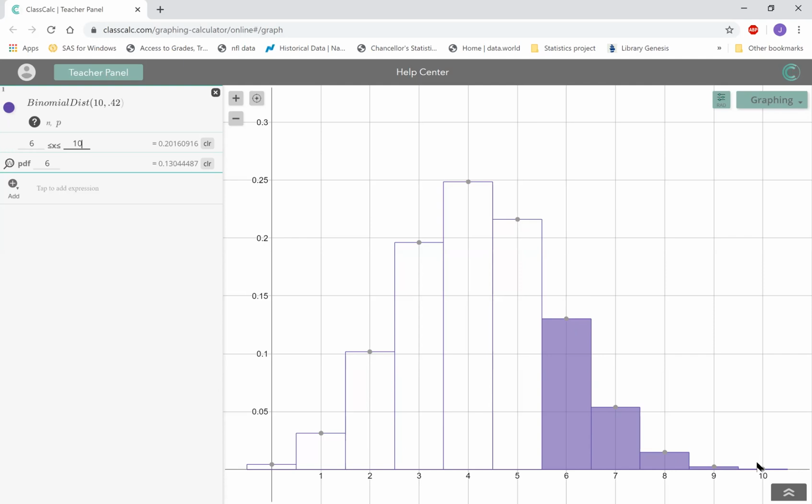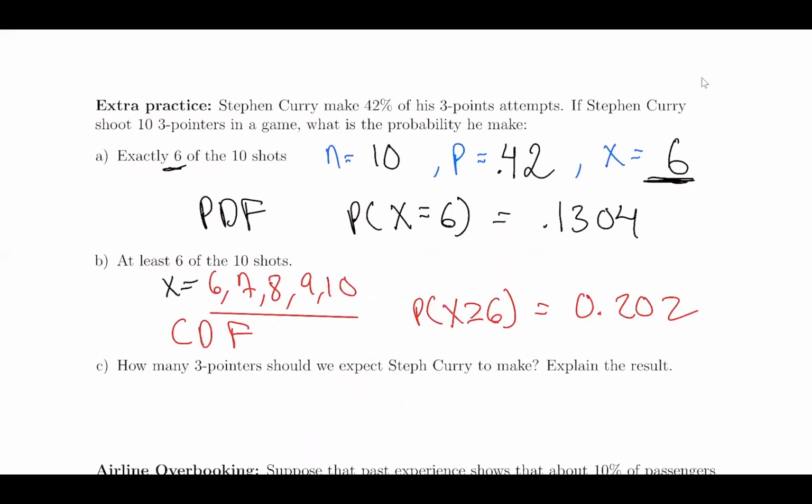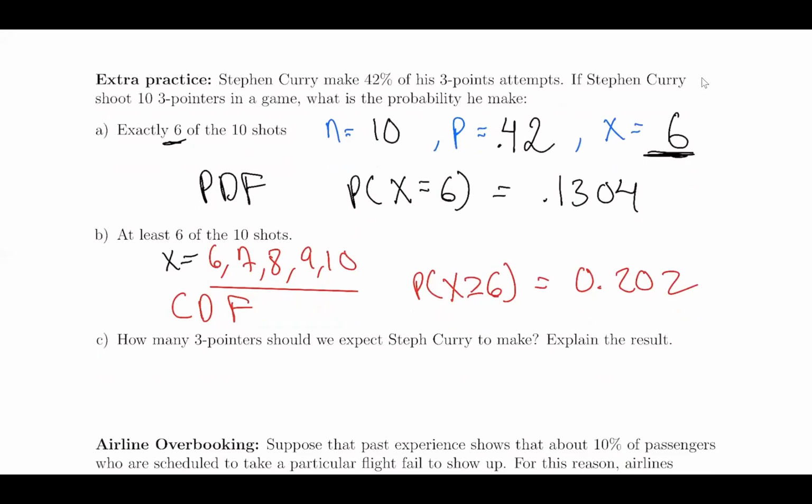So if you look at the probability for that, that gives you 0.202. And that's your final answer for that problem. All right. Any question in regard to B?